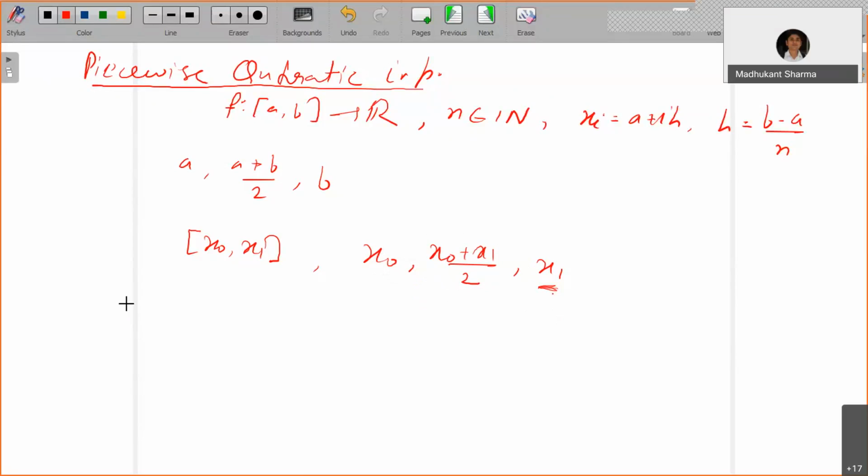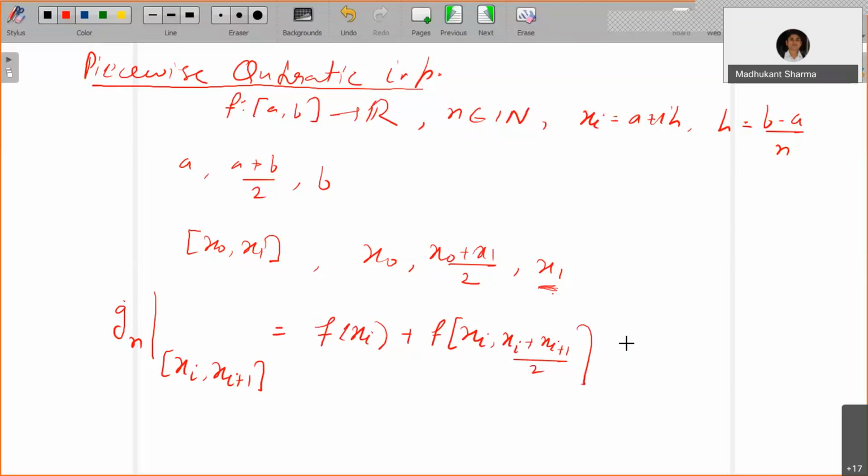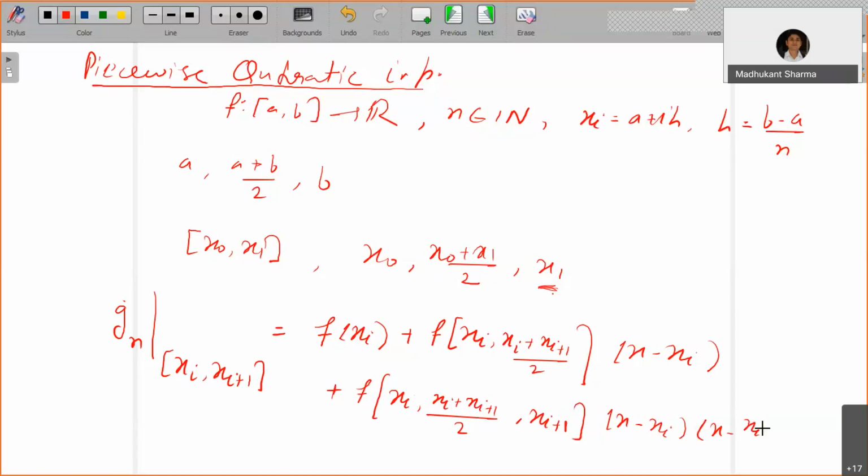Then if I write G_n restricted to the interval x_i to x_(i+1), the quadratic interpolating polynomial, like we have done previously, will be f at x_i plus the first divided difference f[x_i, (x_i plus x_(i+1)) by 2] times (x minus x_i), plus the second divided difference f[x_i, (x_i plus x_(i+1)) by 2, x_(i+1)] times (x minus x_i) into (x minus (x_i plus x_(i+1)) by 2). That is G_n, the interpolating polynomial on this interval.